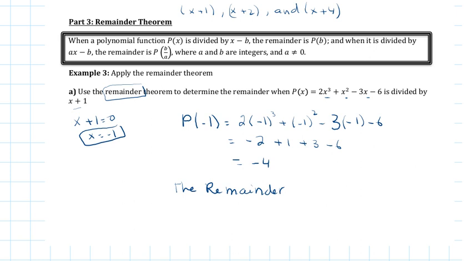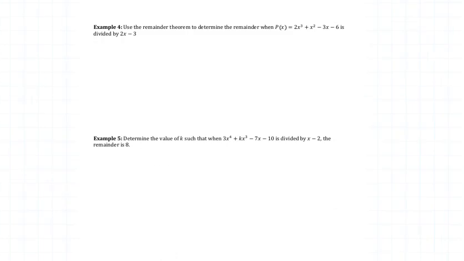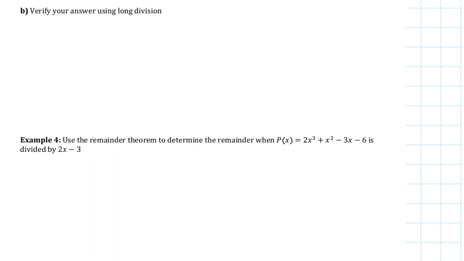So that means the remainder is negative 4. If I do a long division and divide this by x plus 1, you can try that. You should get a remainder of negative 4. Let's verify the answer.